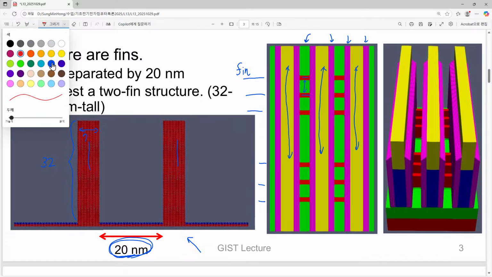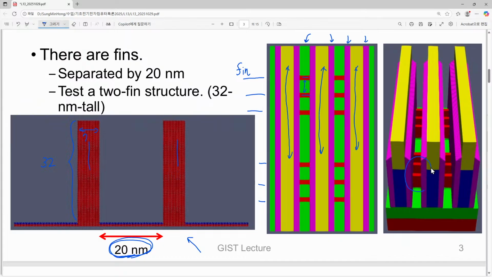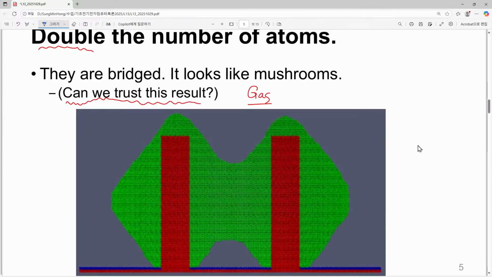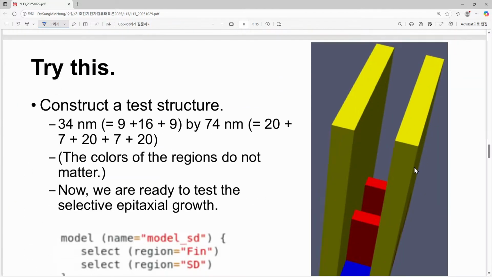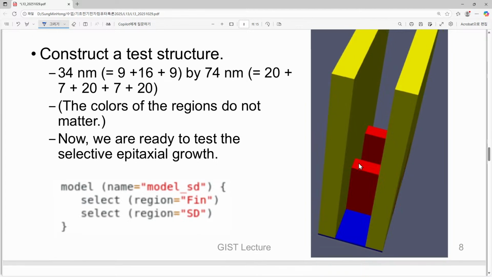Simply speaking, you are now looking at some point nearby here. Although we have three fins, in order to make our life as simple as possible, I just took two fins, so you can easily understand.